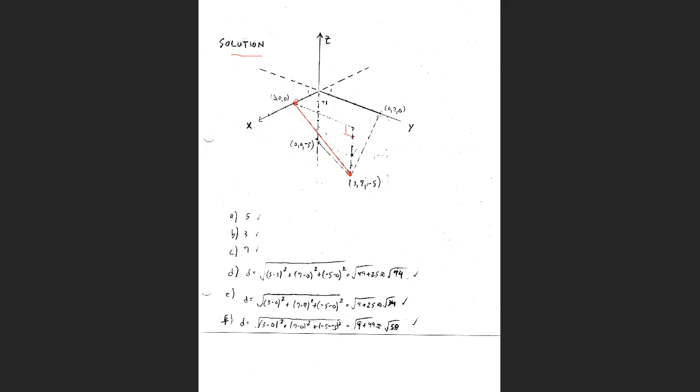And what I've done is I've actually used the distance formula. You can get it using the Pythagorean theorem, but I just did it with the distance formula just so you could see the distance formula being used.